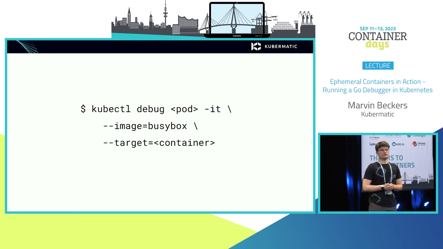But essentially, to debug, I need to have access to the process that I want to debug. And with the --target, I target a specific container that is already in the pod, and I make sure that my ephemeral container is sharing a couple of namespaces with that. So I'm breaking up container isolation a bit deliberately, so I can do this.